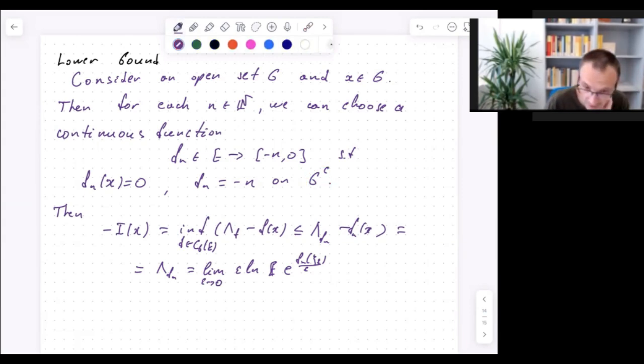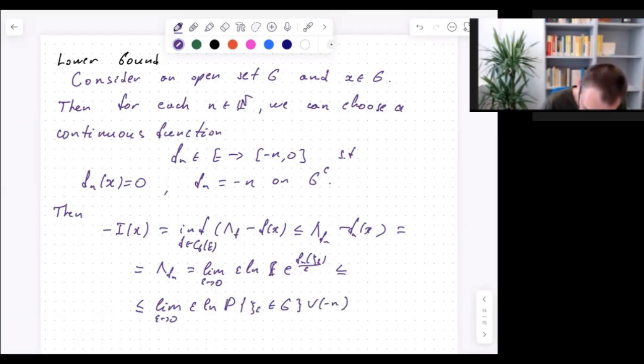So therefore here we have that it is less or equal than the limit, as epsilon goes to 0, of epsilon logarithm of the probability that psi epsilon belongs to G, and then maximum minus n.